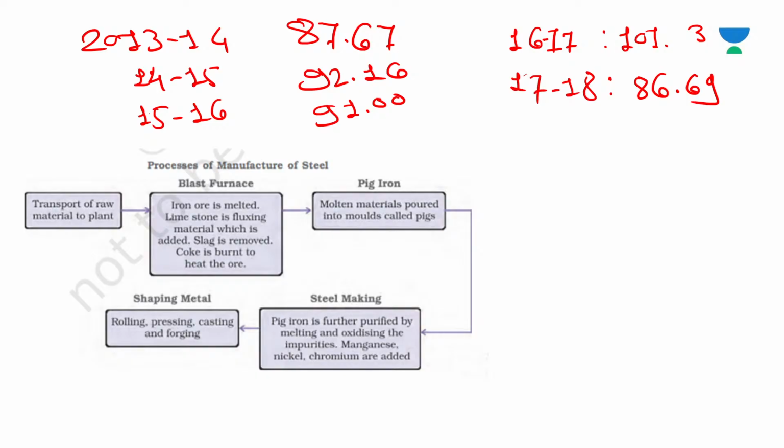Yes, this I'm correcting. Dear friends, this production in metric tons per annum, that is 2013-14, is 87.67 metric tons.